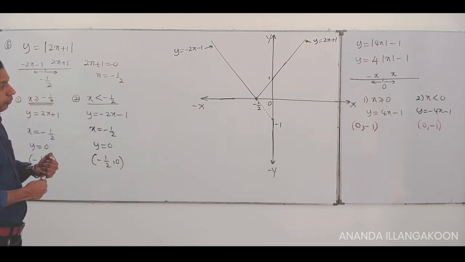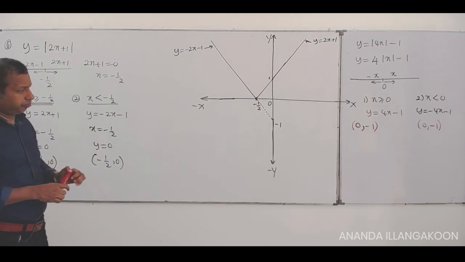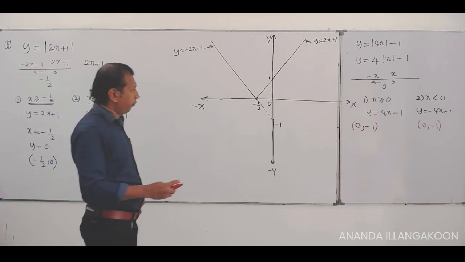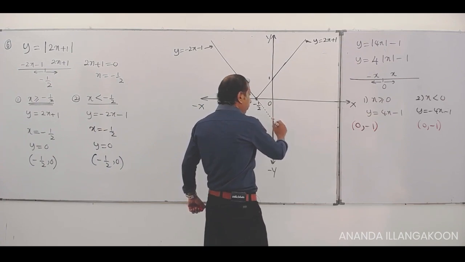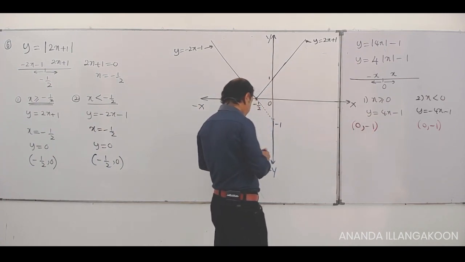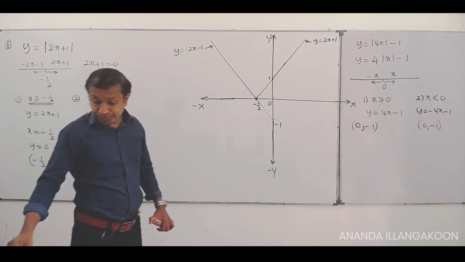Now we'll see how to draw this. To draw 4x minus 1, we need another point. Anyway, both lines pass through this point. The point 0, minus 1 is this, right?